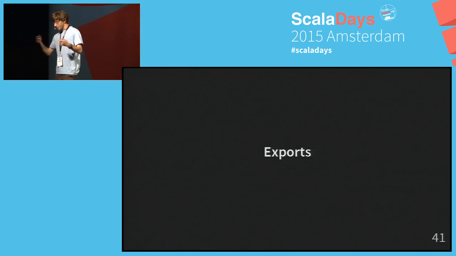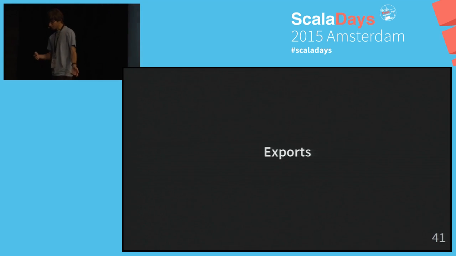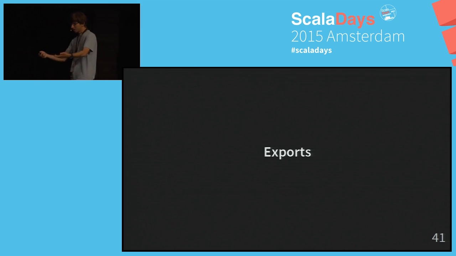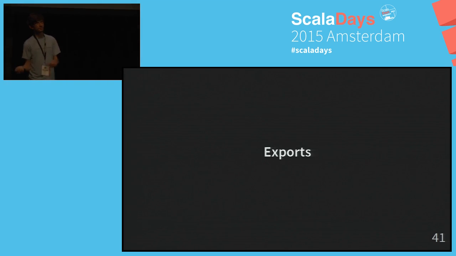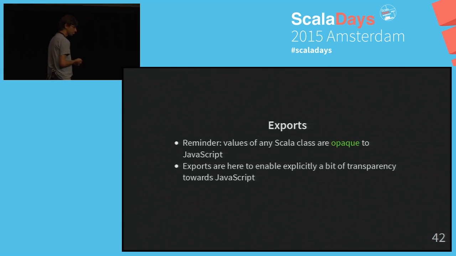Now the other direction. I've shown how Scala.js code can simply and elegantly talk to a JavaScript library. But what if you want your JavaScript code to talk to your Scala API? Remember that I said instances of any other Scala class are opaque, so JavaScript can't do anything with them.